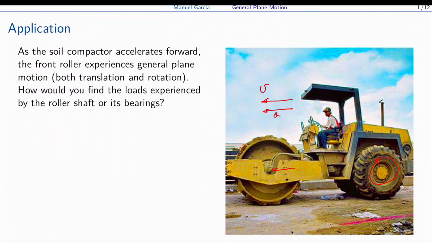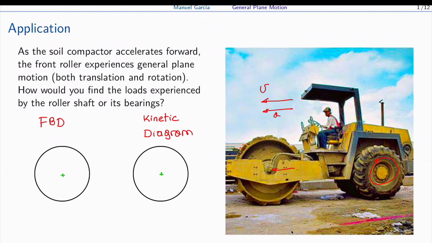So if we analyze the front roller, we can draw a free body diagram and a kinetic diagram. So these are equal. In the free body diagram, we can analyze the forces. So the forces that we have, for example, are the forces in the support in the shaft.